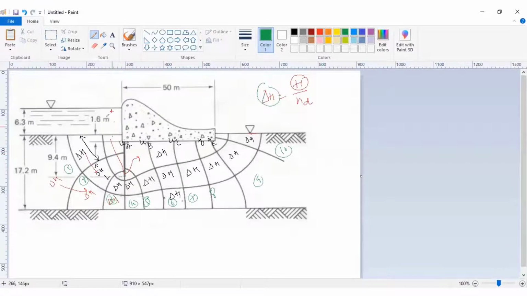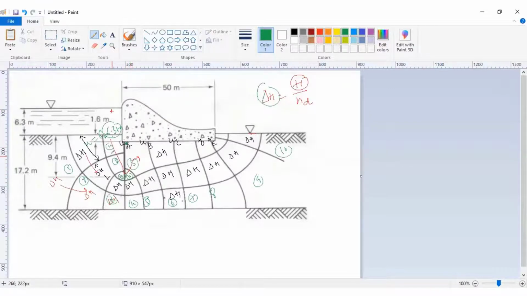Suppose you see on the upstream side the head is 6.3, in meters. If you multiply this value with gamma W, you will get the pressure U at this point. If you want the value of UA on this side, how many drops are there? 1, 2, 3, 4, and 5 drops.